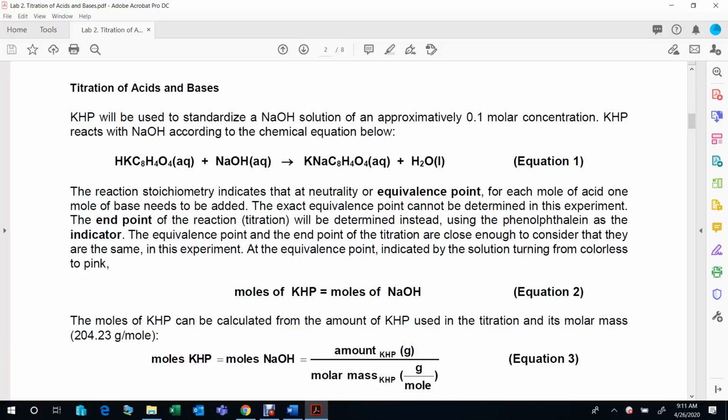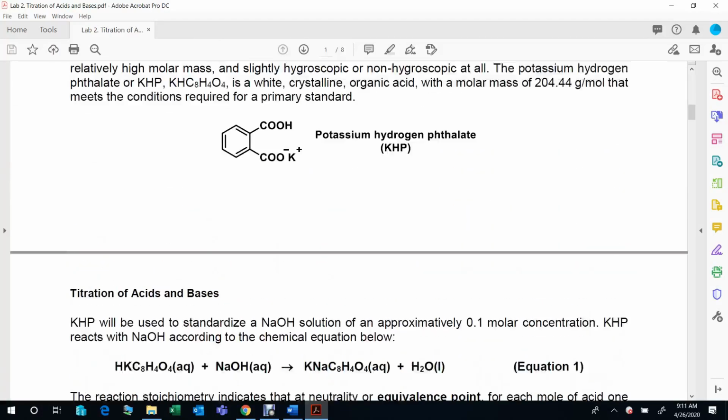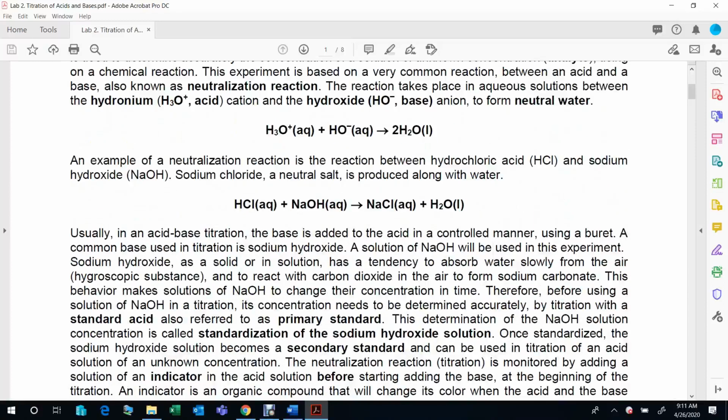Here we know the exact concentration of KHP, potassium salt, and then we can titrate to figure out the exact concentration of sodium hydroxide. After we figure out the concentration of sodium hydroxide, we can use another titration reaction to figure out the concentration of hydrogen chloride. Here, hydrogen chloride and sodium hydroxide also react with each other in 1:1 ratio.